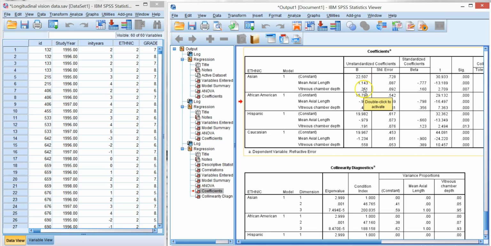So when you correlate variables, unpredictable things happen. You would be remiss in coming to the conclusion that vitreous chamber depth reduces refractive error in people, or makes them more hyperopic.